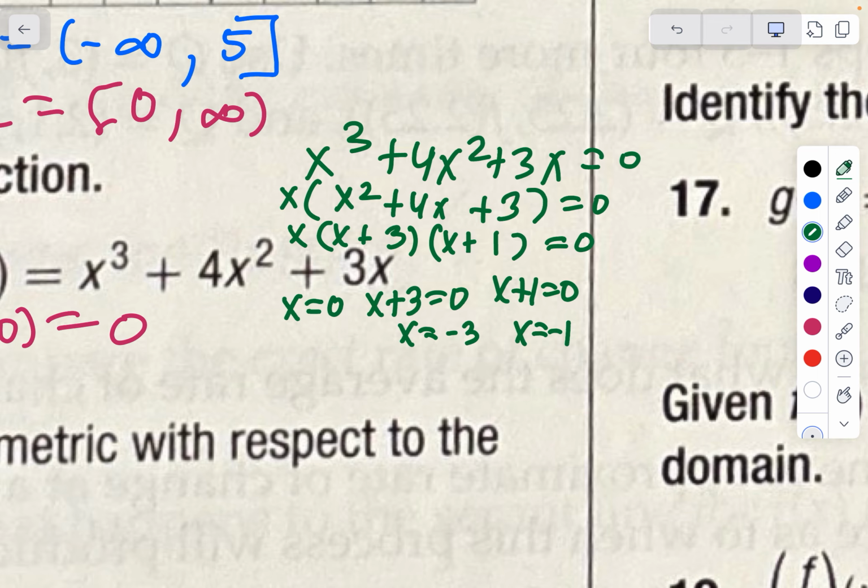Now, it has 3 zeros. There's a relationship we'll talk about more, I think, in the next chapter, that says because it's a third power, it's no coincidence that there's 3 spots that it hits. If you were to graph this function, it goes something like this.